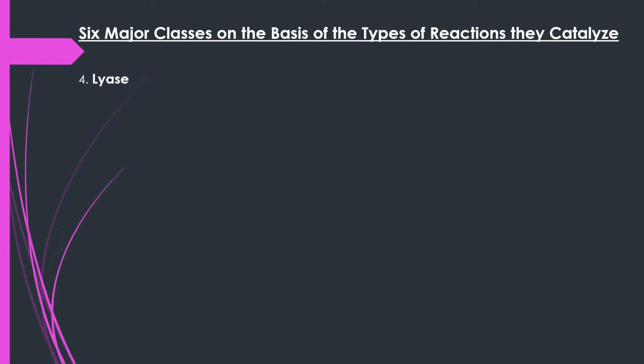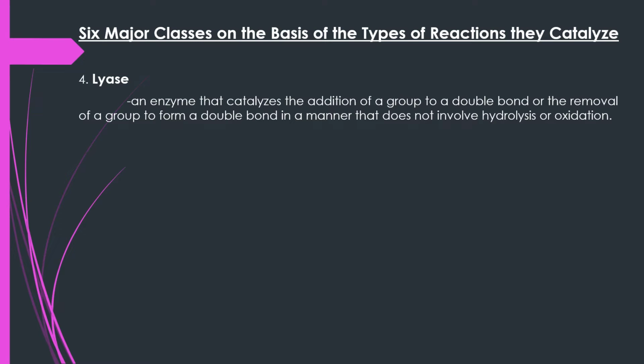Now we have the lyase. It is an enzyme that catalyzes the addition of a group to a double bond or the removal of a group to form a double bond, in a manner that does not involve hydrolysis or oxidation.